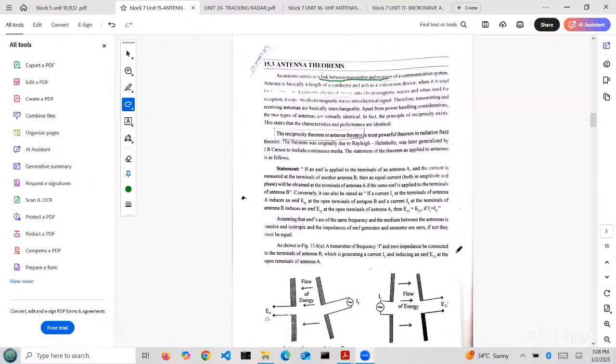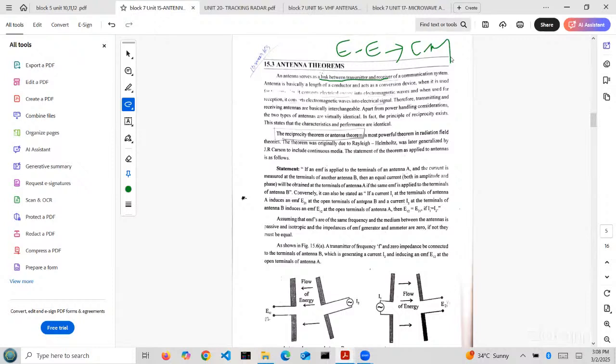Actually, what this antenna will do, it will convert electrical energy to electromagnetic waves. That happens across the transmitter side.